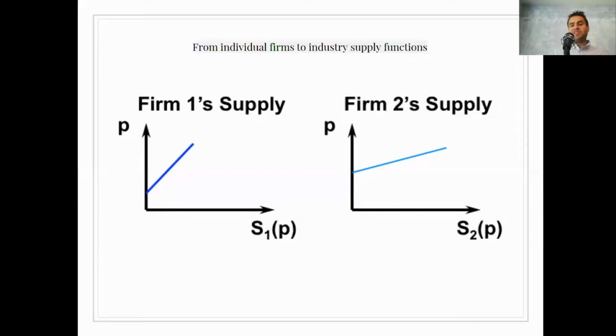So imagine this, and I'll go quicker than last time because you already know more or less how this applies. Now, instead of adding the individual demand curves, we're going to add the individual supply curves. The same analysis applies. We're going to add these two firms' supply curves by price segments.